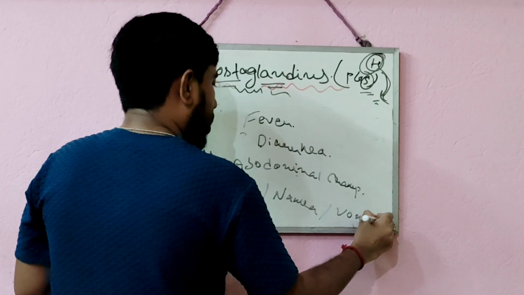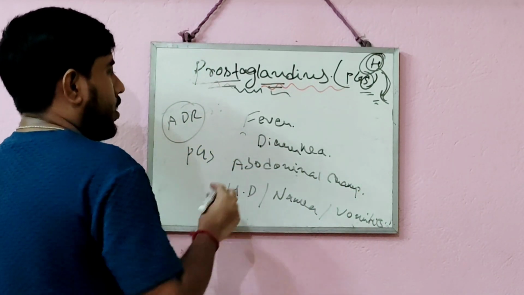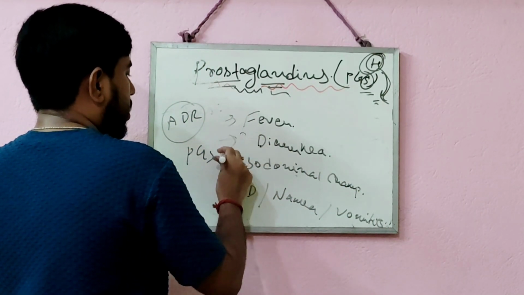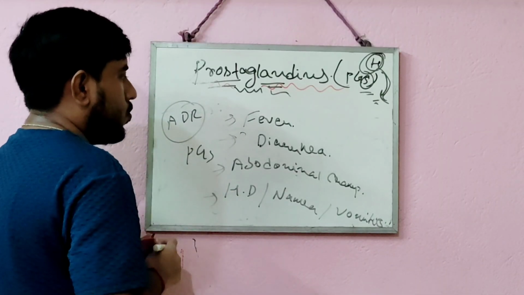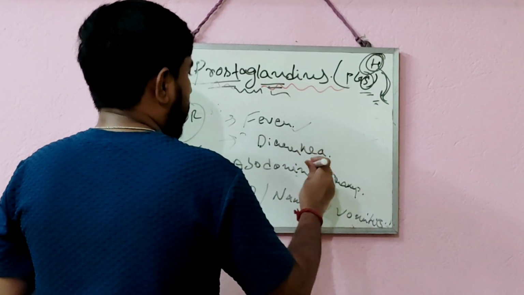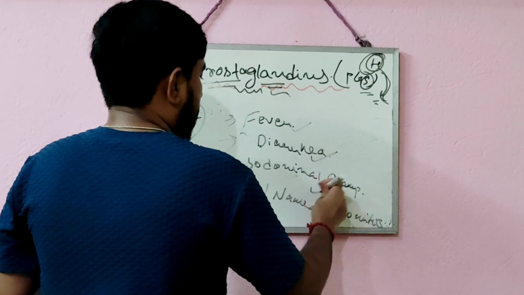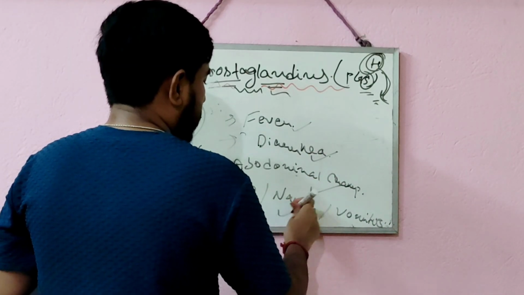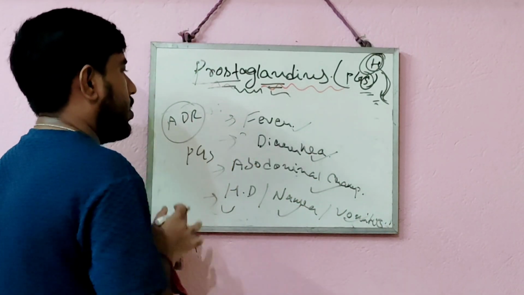So these are the toxic, unwanted, undesirable adverse drug reactions due to the overuse or prolonged use of prostaglandin analogs: fever, diarrhea, abdominal cramp, headache, nausea, vomiting, etc.